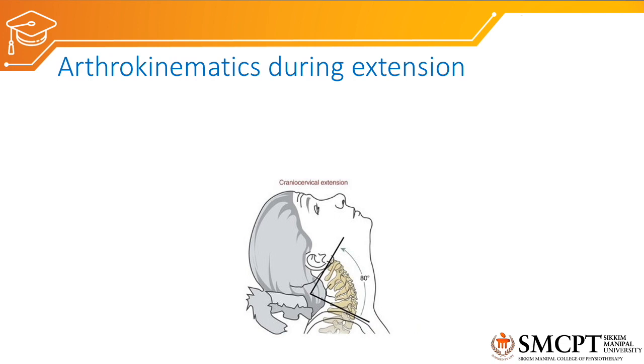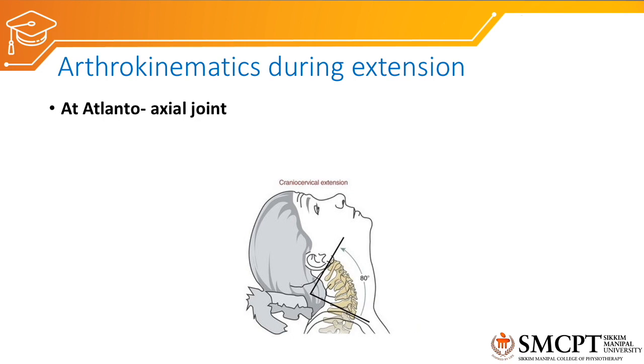Arthrokinematics during extension at the atlanto-axial joint. The atlanto-axial joint is formed between the inferior articulating facet of the atlas and the superior articulating facet of the axis. The shape of the inferior articulating facet of the atlas is slightly concave and the superior articulating facet of the axis is slightly convex.